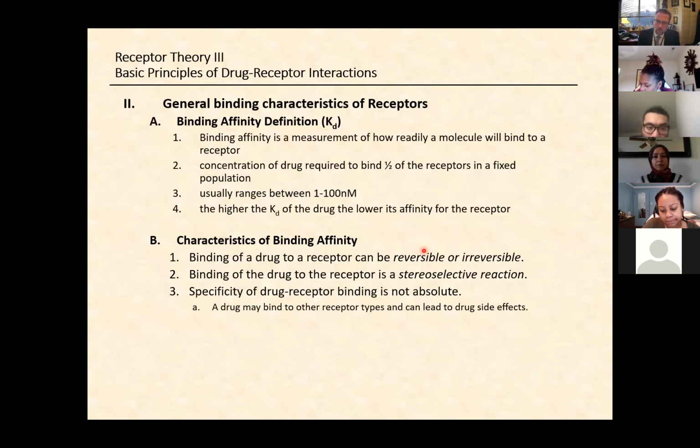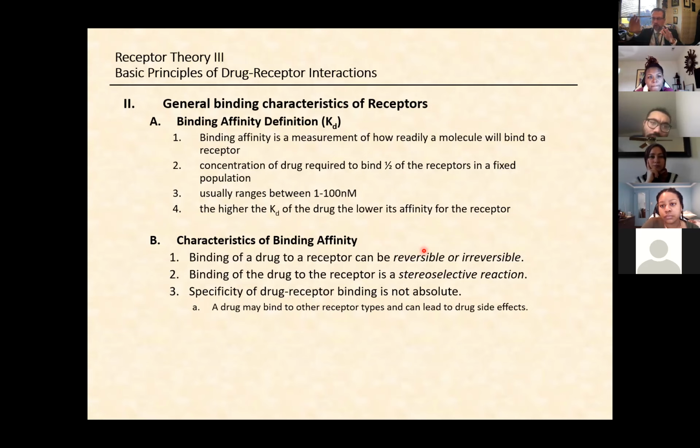All right. So let's talk about some other general characteristics of drug receptor binding or drug receptor interaction. So things that we can use to characterize the nature of the interaction between a ligand molecule and a receptor. One of the things I'm going to tell you right up front, and I've been doing it for the last 30 minutes or so, is that the term I think is most correct at this stage of the game is ligand.